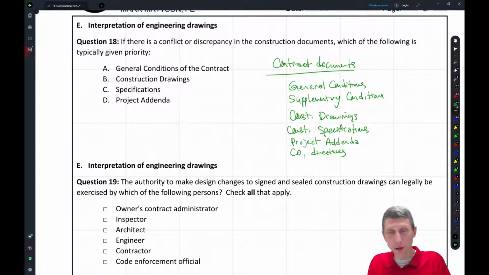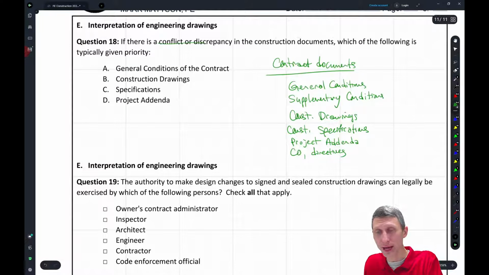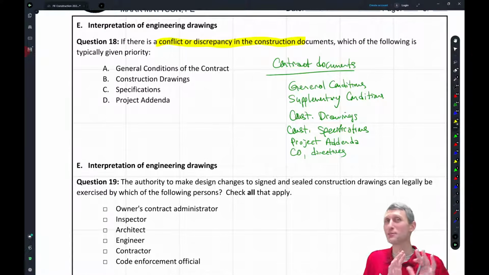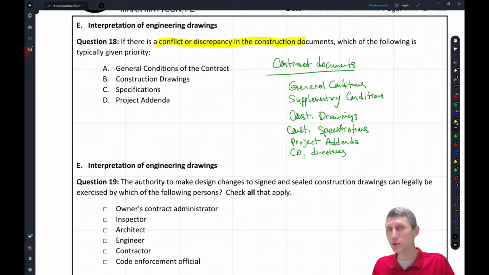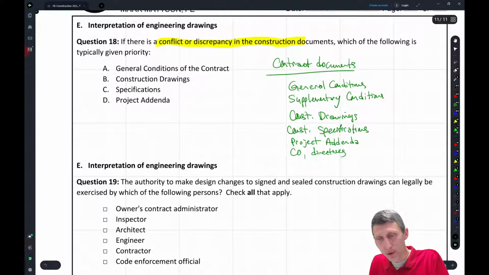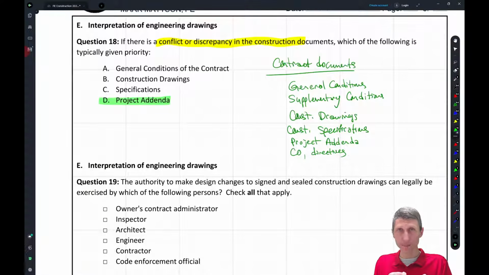So which one happens to control? If there's a conflict or discrepancy, and you might think, well, my drawings will never have a conflict or discrepancy, and then you realize you made a drawing, you may have a conflict. Typically what we're going to do is take the one that's the most specific and use that one, or in some ways the most recent. Typically in this case, the project addenda are going to be addressing a very specific item.